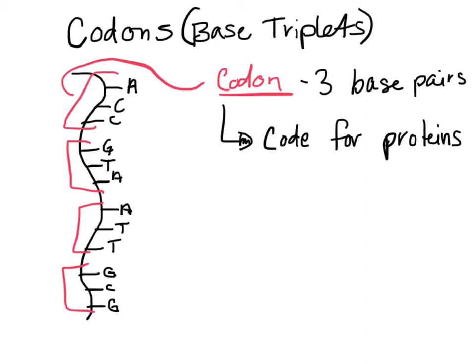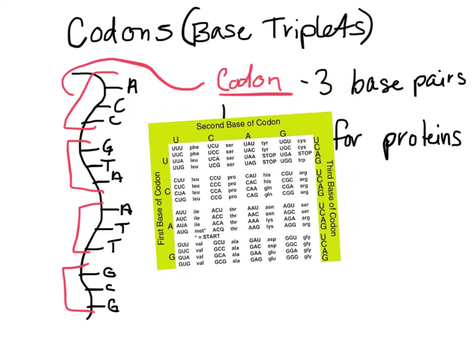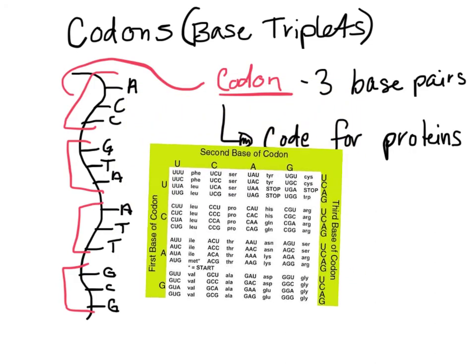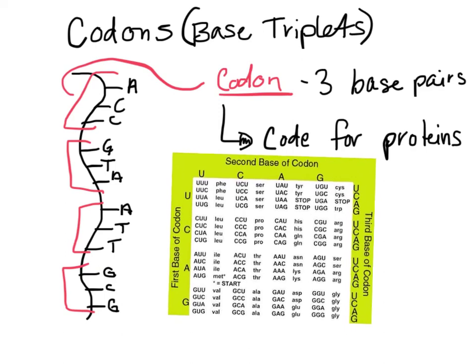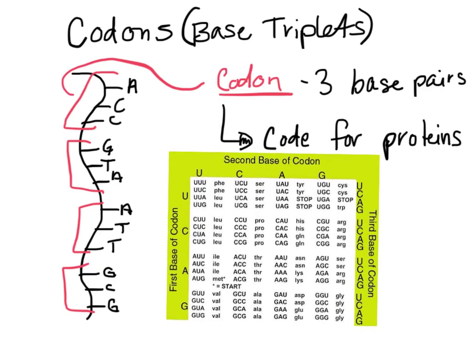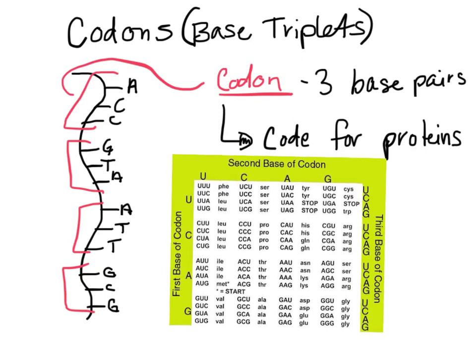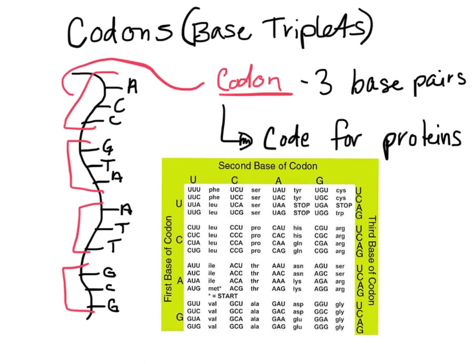So if I have, let's put this little genetic code in there, this right here is the code of all codes for what your DNA actually creates. So you go from DNA to RNA to proteins.